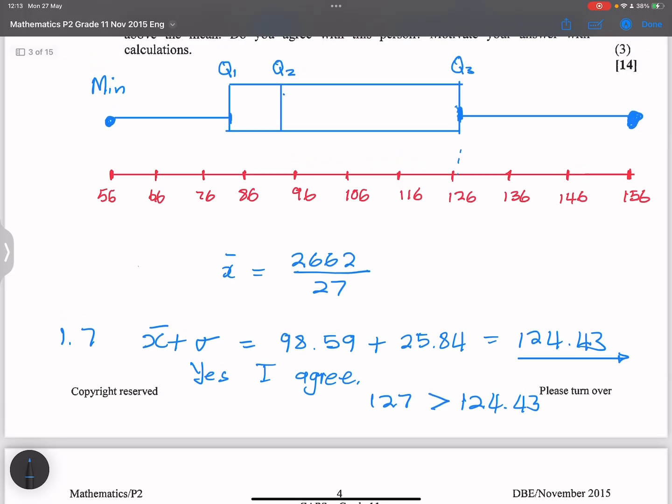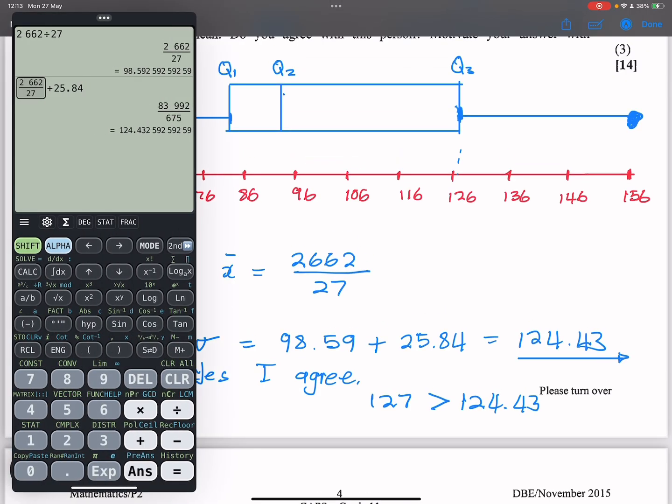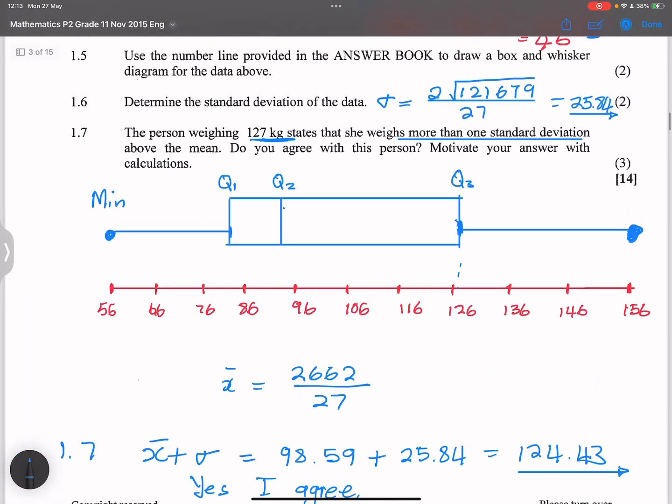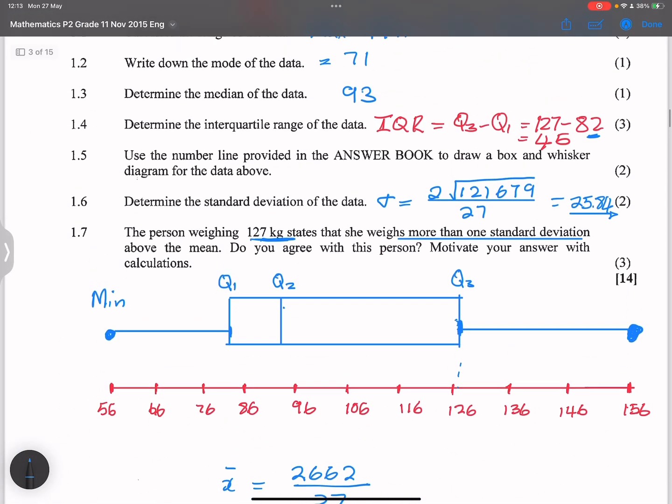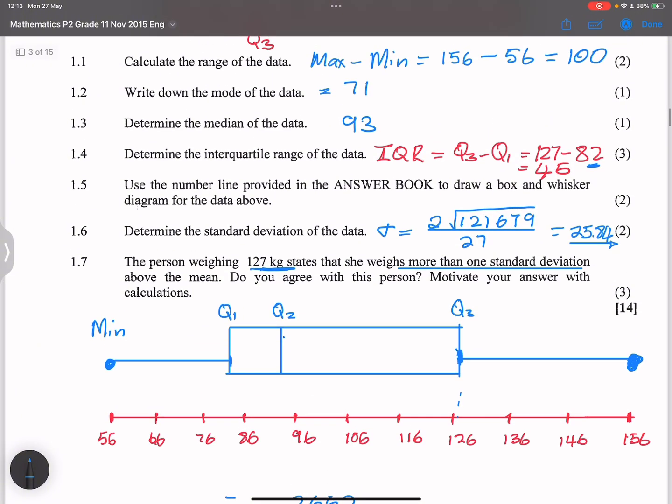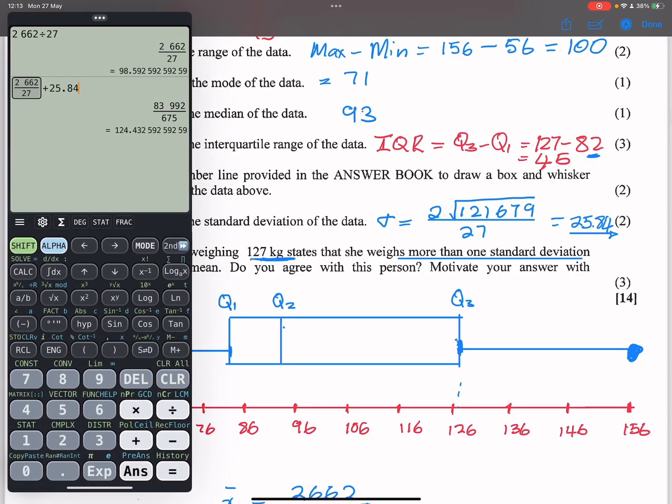Just a quick reminder that our mean in this case was 98. If you note there, our median was at 93, yet our mean is at 98.